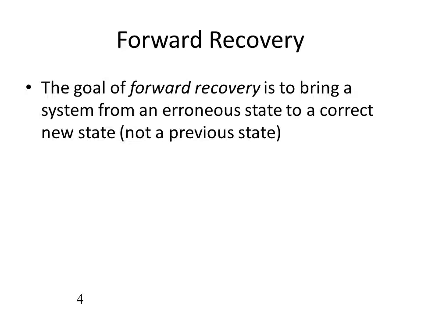Coming to forward recovery, the goal of forward recovery is to bring a system from an erroneous state to a correct new state, that is not a previous state. In backward recovery, the system is brought to the previous state. Here it is brought to the correct new state.